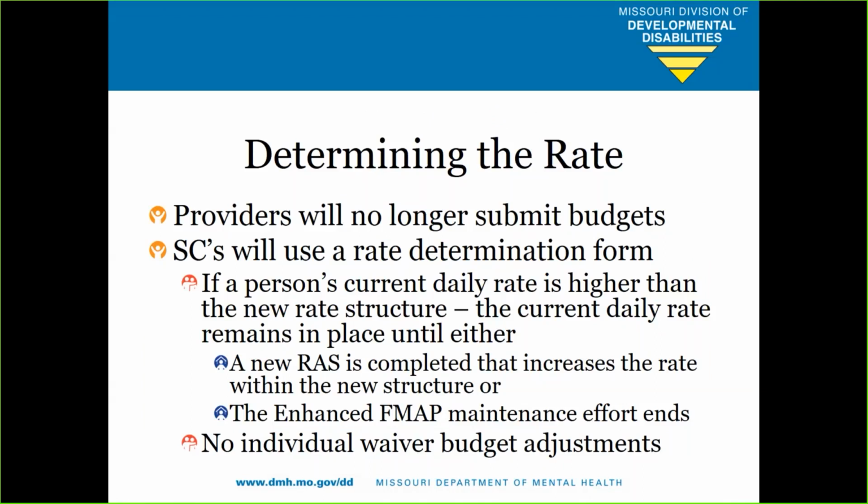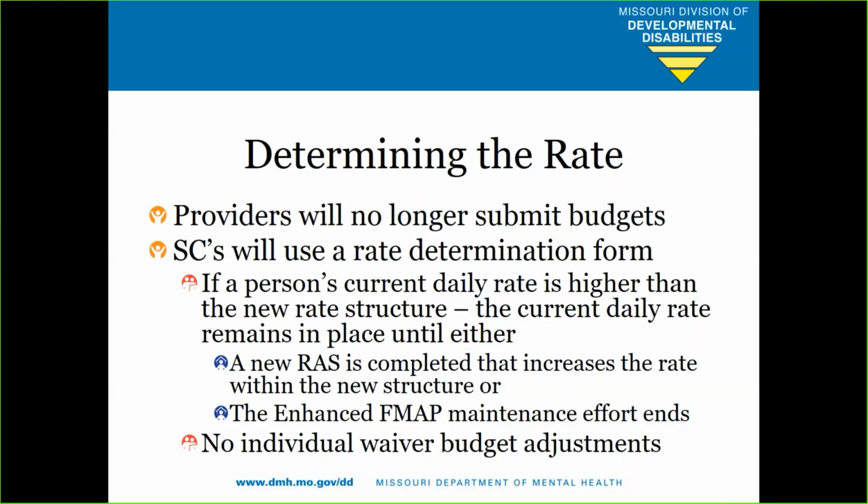It's going to simplify and expedite authorizations by not having to process budgets from provider to support coordinator to their supervisor, et cetera, et cetera. So it's going to make it very simple. And we try to formulate our rate determination form to do all of the work for the support coordinator. So there shouldn't be any stressing about how it works. So we're super excited about that.